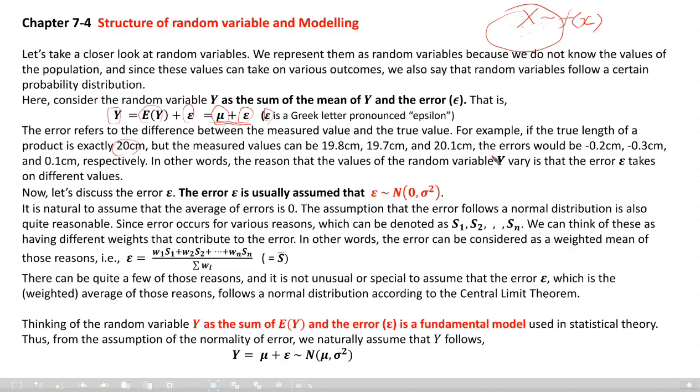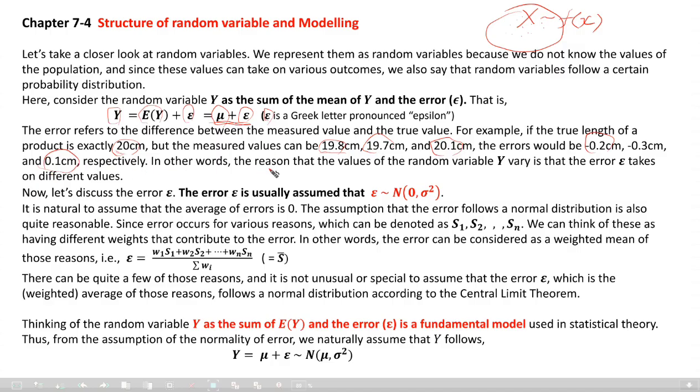The error for 19.8 would be 19.8 minus the true value, which is minus 0.2 centimeters. For 19.7, minus 0.3 centimeters. For the 20.1 measured value, the error will be 20.1 minus 20.